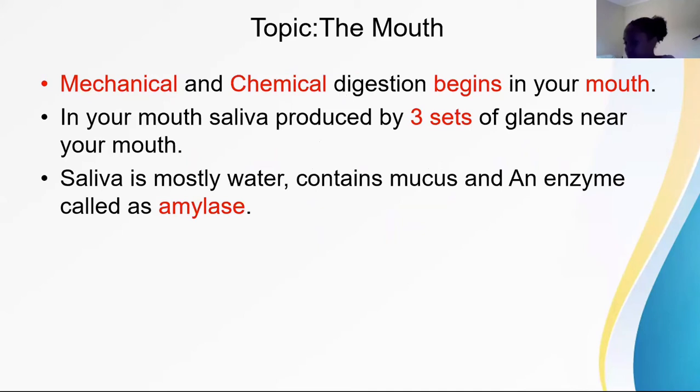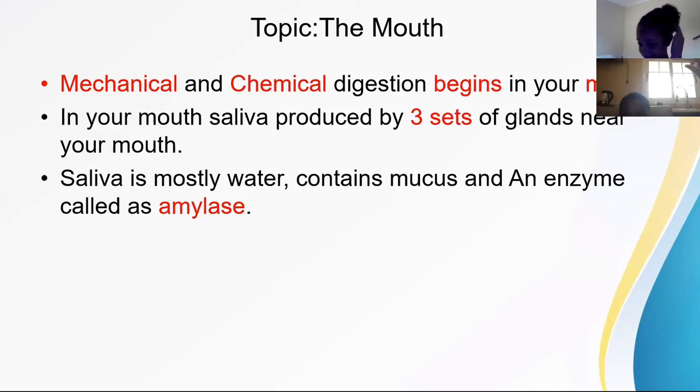Some other organs help in digestion, and those organs we call accessory organs. You already know them: teeth, tongue, salivary glands, liver, gallbladder, and pancreas.